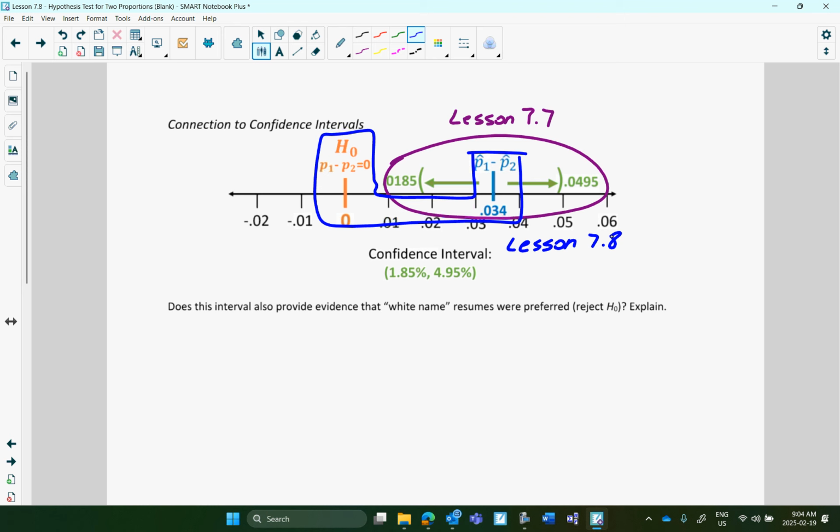Okay. And we can come to the same conclusion because yesterday, remember, all the differences in the confidence interval were greater than 0. So we were able to say, because there were no negative differences, white names receive higher callback rates. That's what we concluded from these.